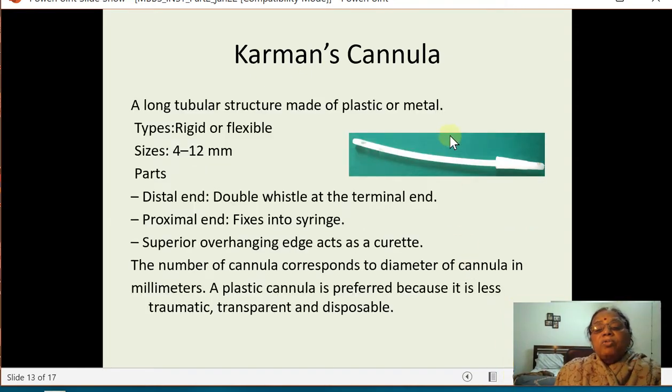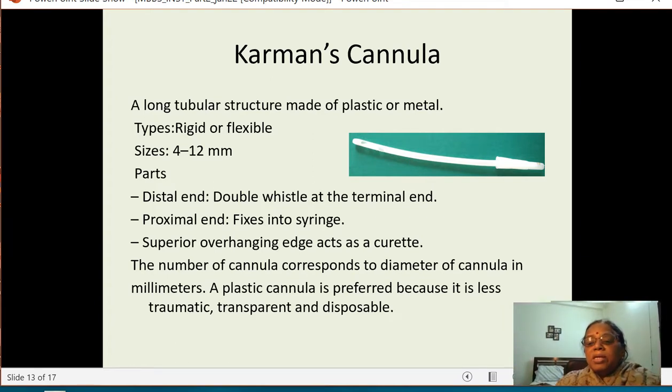Various sizes of the plastic tube are available, ranging from 4 to 12 millimeters, and this depends upon the size to which you want to dilate the cervix. The proximal end fixes to the suction or to the vacuum syringe, and the other end is inserted into the uterine canal.